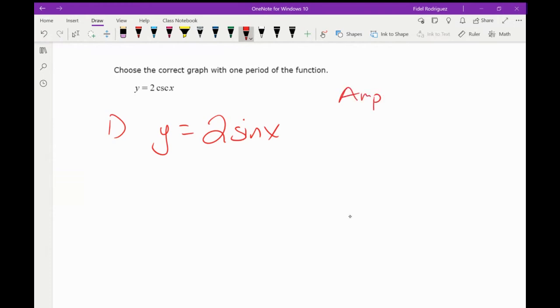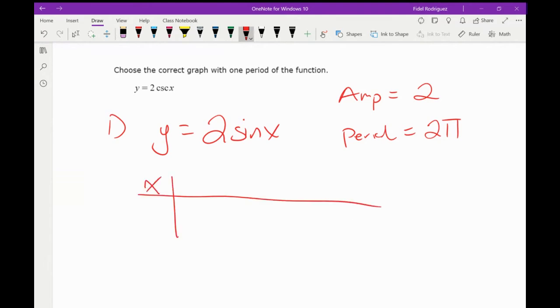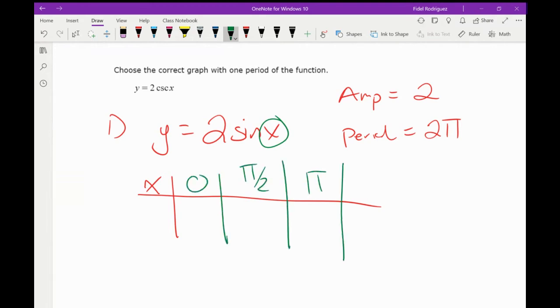Okay, so you agree that our amplitude here is 2, and our period is 2 pi, because it's 2 pi over 1 in this case, which is 2 pi. Since we're just dealing with the sine of x, these numbers are going to be the nice, pretty numbers we've been dealing with so far.